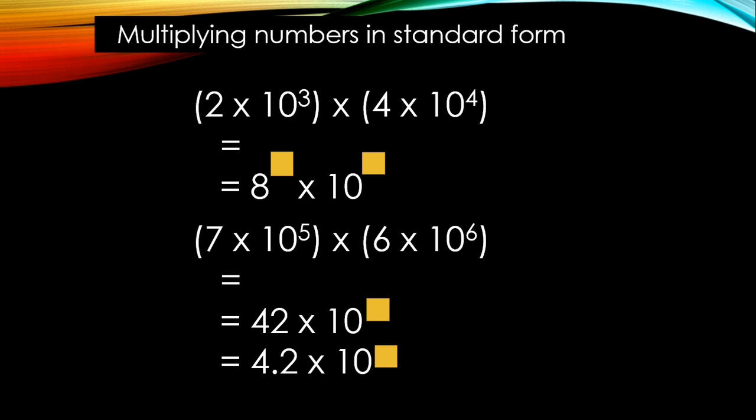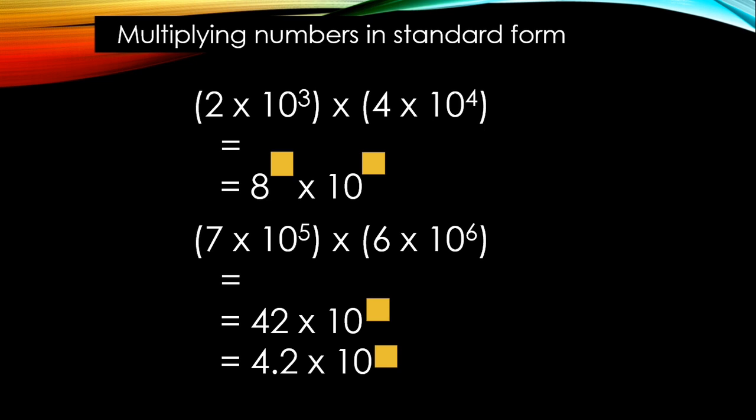Let's look at multiplication. 2 times 10 to the power 3 times 4 times 10 to the power 4. So in multiplying in standard form, we can use some simple mathematical rules, which include the rule that if you are doing multiplication like this, then it is very easy.